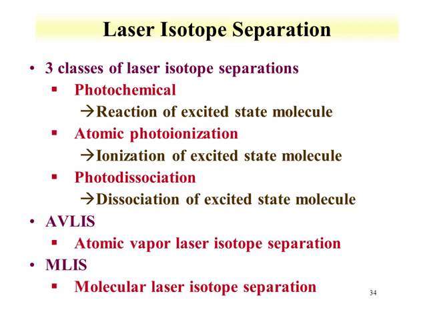With atomic photoionization, the isotope that's targeted will be ionized, so then it can be separated. Or they can undergo photodissociation, where instead of being uranium hexafluoride, it can be transformed to uranium pentafluoride. There's two examples: AVLIS, which is an atomic vapor laser isotope separation, and MLIS, the molecular laser isotope separation. And we'll explore these methods.